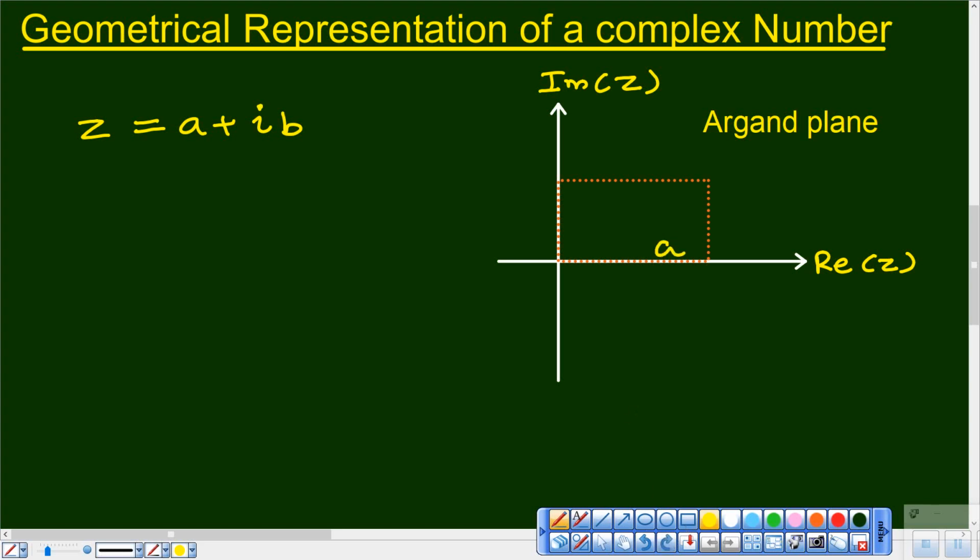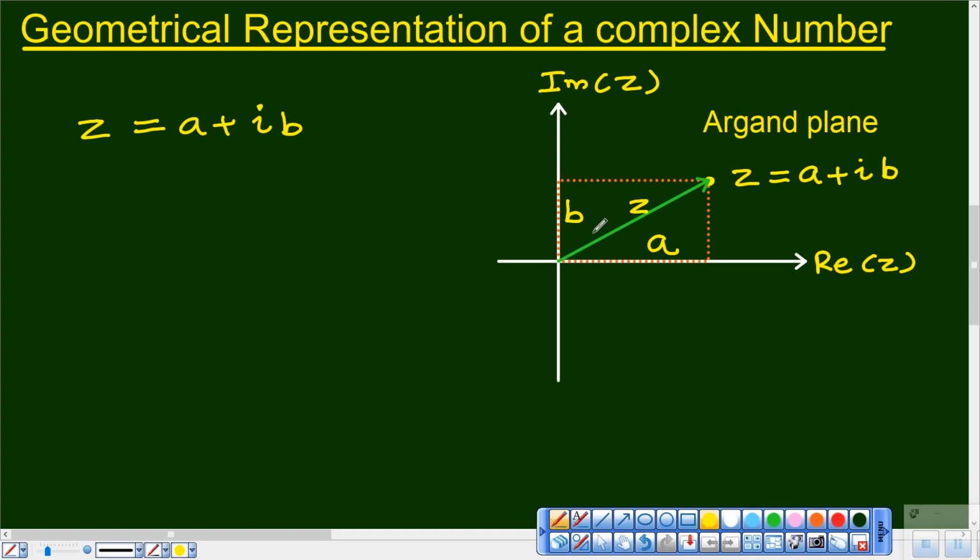Like we mark out XY coordinates in coordinate geometry, we do here the real and imaginary parts, A and B, and this would be the complex number Z, which is a plus ib. It can be shown like an arrow also. We can draw an arrow starting from the origin of the Argand plane and reaching out to the complex number Z. So this can be written as complex number Z also.